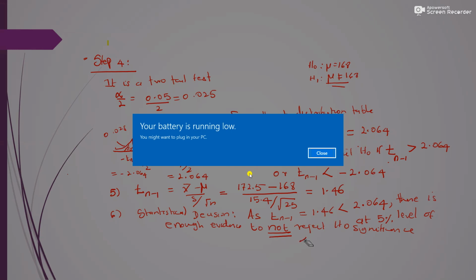That is, if we are not rejecting H naught, then mu is equal to 168. So that means this sample is possible. The sample of 25 hotel charges is possible to come from the population which has mean 168. Right? It's possible to come from the population which has mean 168.